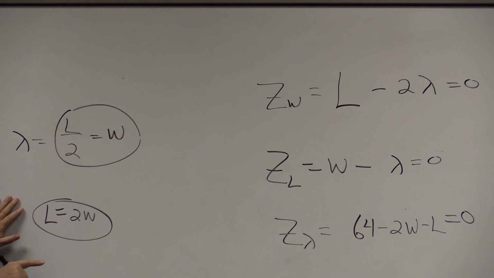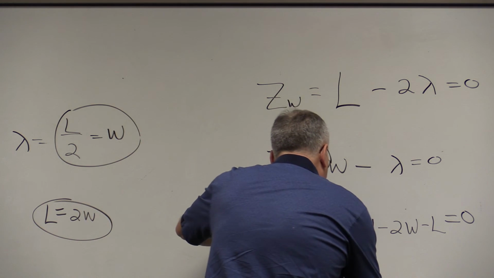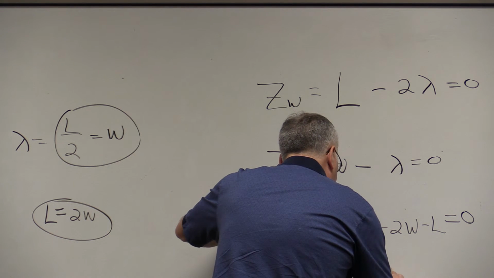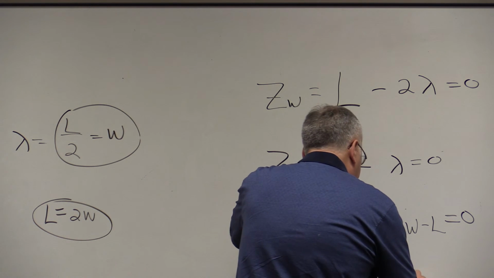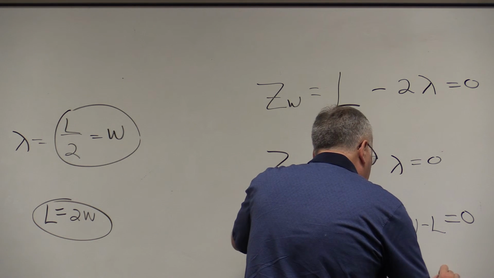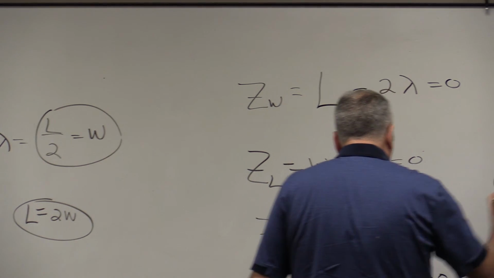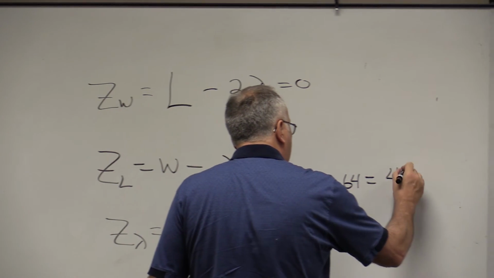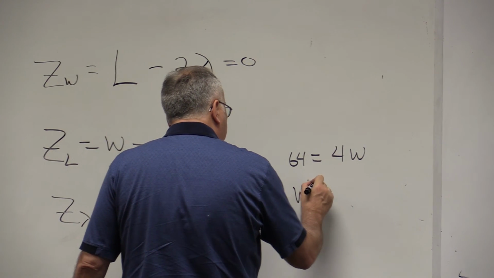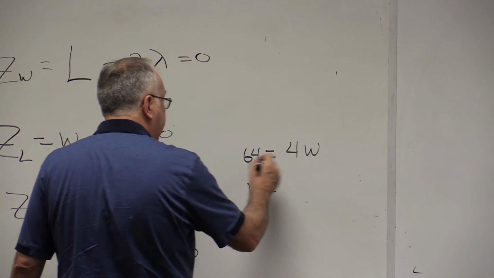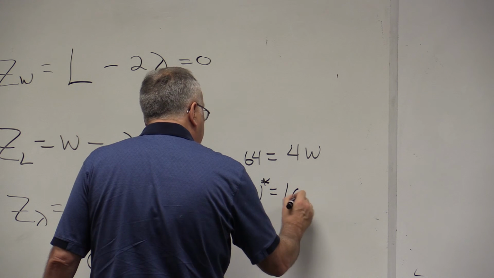We go back to our constraint and substitute in here. In our constraint, we have 64 minus 2W, but L is equal to 2W, so minus another 2W equals 0. In other words, 64 equals 4W. Divide by 4, and you get W, we'll call it W star, the value we think is optimal. 64 divided by 4 is 16, isn't it?